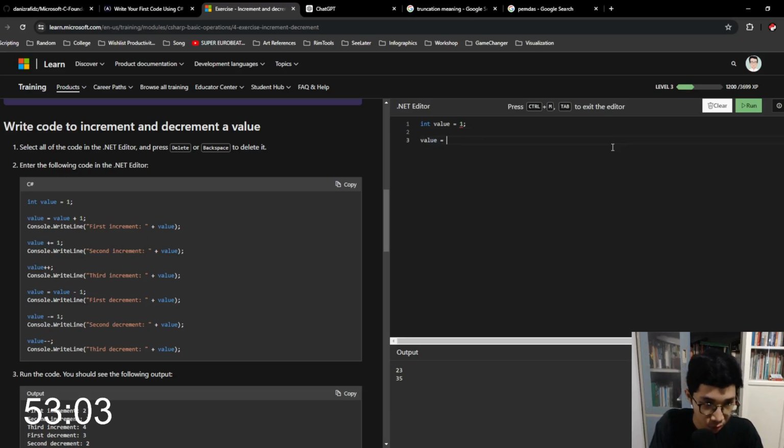So value is 1 plus 1 is equal. So this one should be equal to value is now 2, because the previous value is 1 plus 1 is 2.